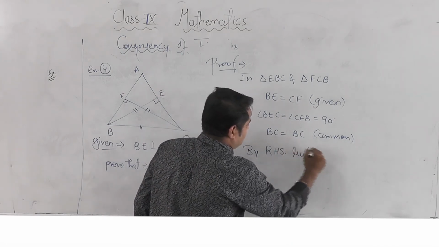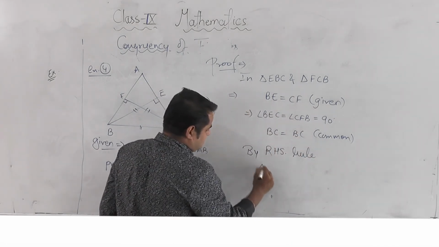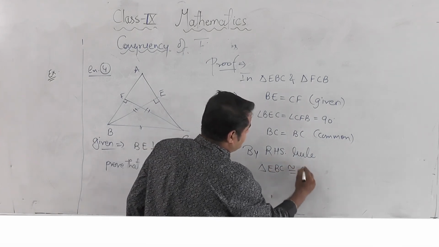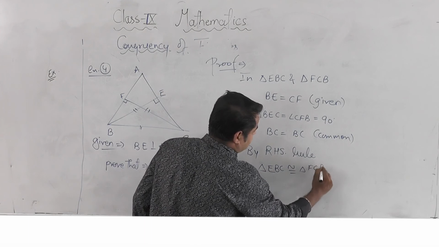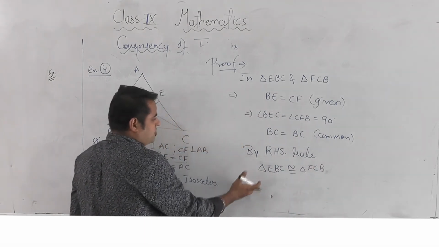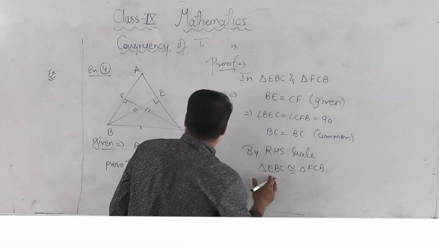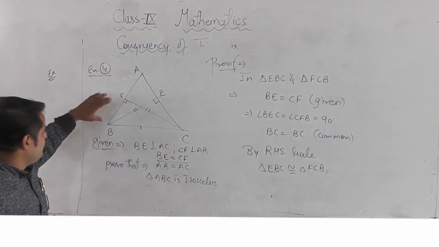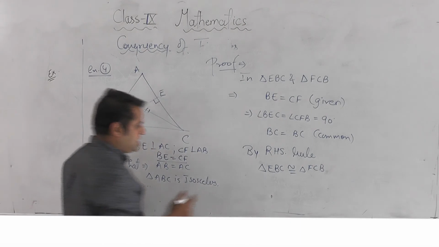So by the RHS congruency rule, what we can say is that triangle EBC is congruent with the other triangle FCB, and since they are congruent, we can say that FB and EC sides are equal.